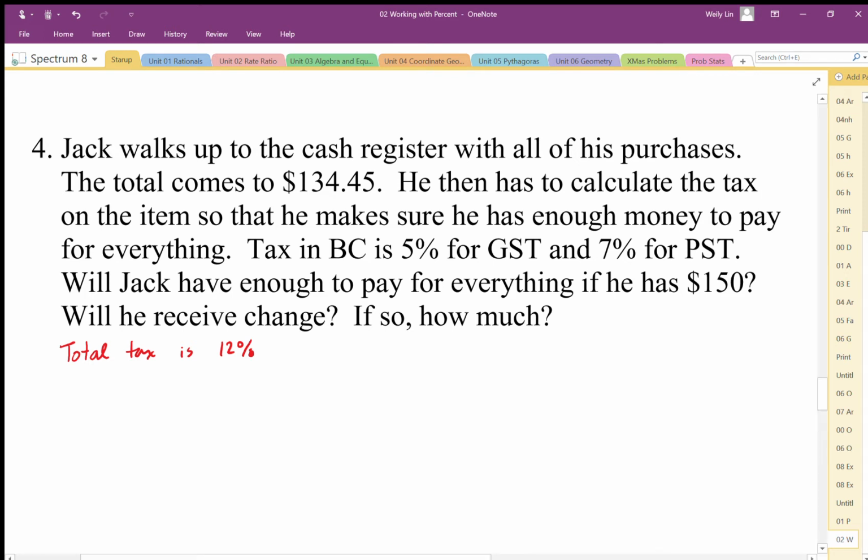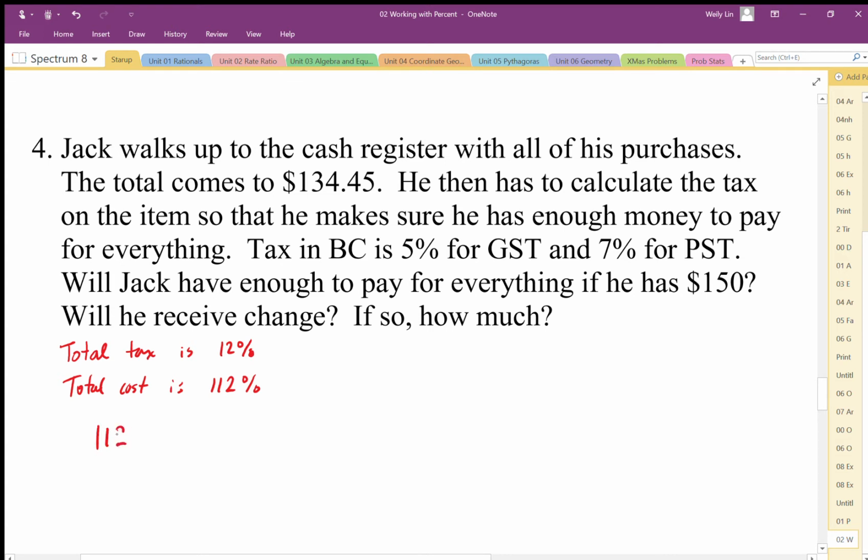So what we can do then is calculate the total directly. Instead of calculating 12% and adding on, I'm just going to calculate the total cost directly as a percentage.